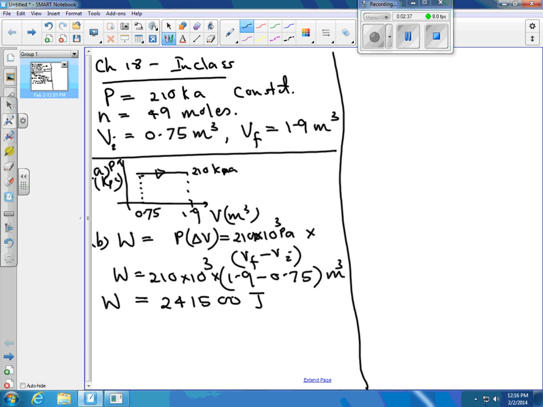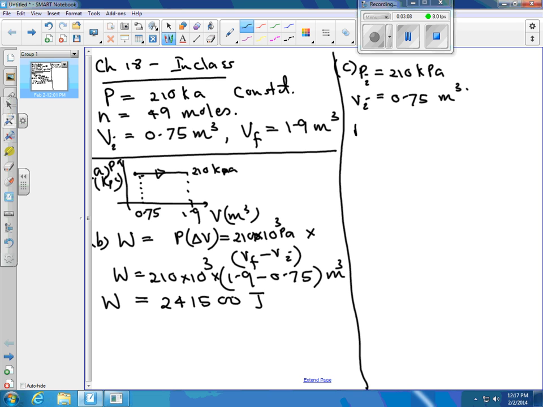Okay, so what were the initial and final temperatures of the gas? If you look at the PV diagram, at the initial state, you know Pi equals 210 kilopascal, Vi equals 0.75 meter cube.